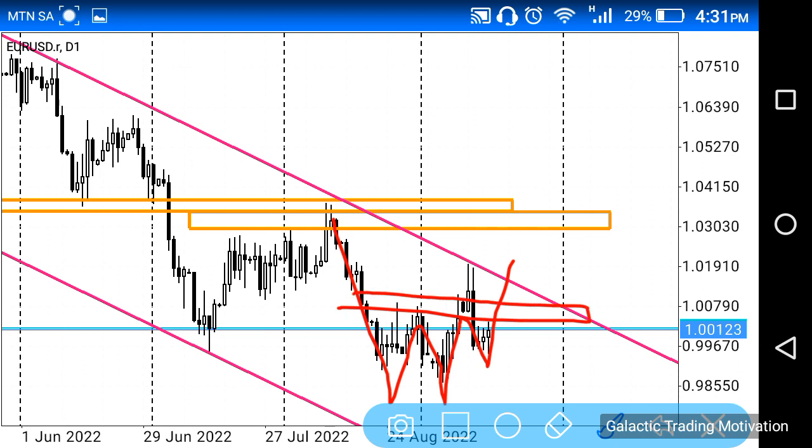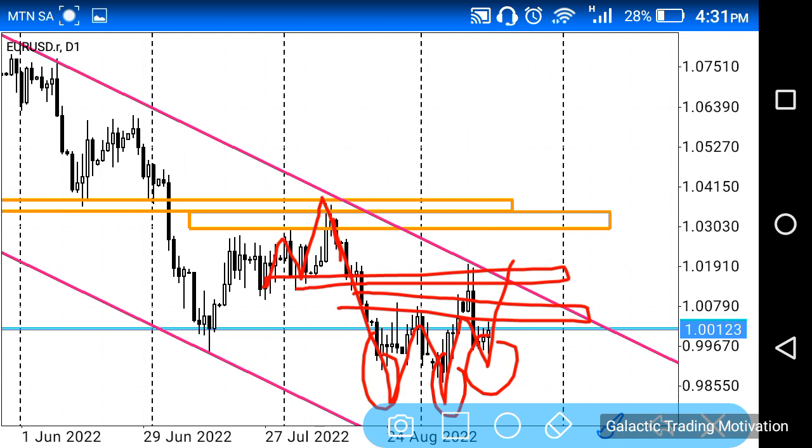This is the left shoulder, this is the head, and this is the right shoulder. And as much as we have that, we have another dilemma, guys, in that we have this overextended M structure over here, which also has a neckline at more or less the same area as the neckline of the W structure. Can you guys see that?